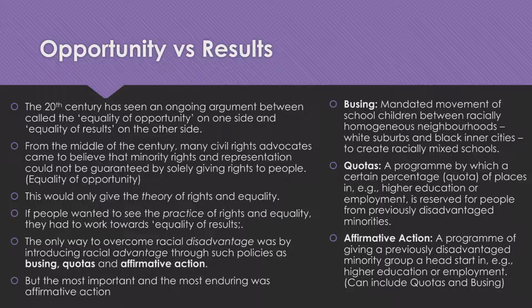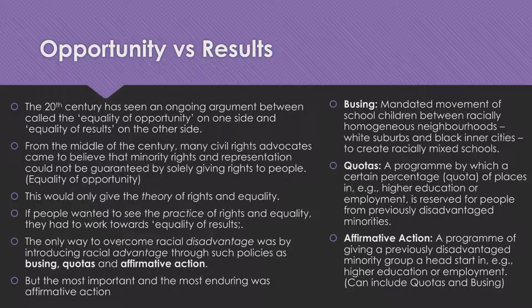And according to people on one side of the argument, that is not true equality. If the same amount of people don't fill their glass from whatever minority they sit in, then that is not equal. You should have an equality of results that shows equality. So everybody should fill their glass. It's not that they should be able to fill their glass, but everybody should fill their glass.